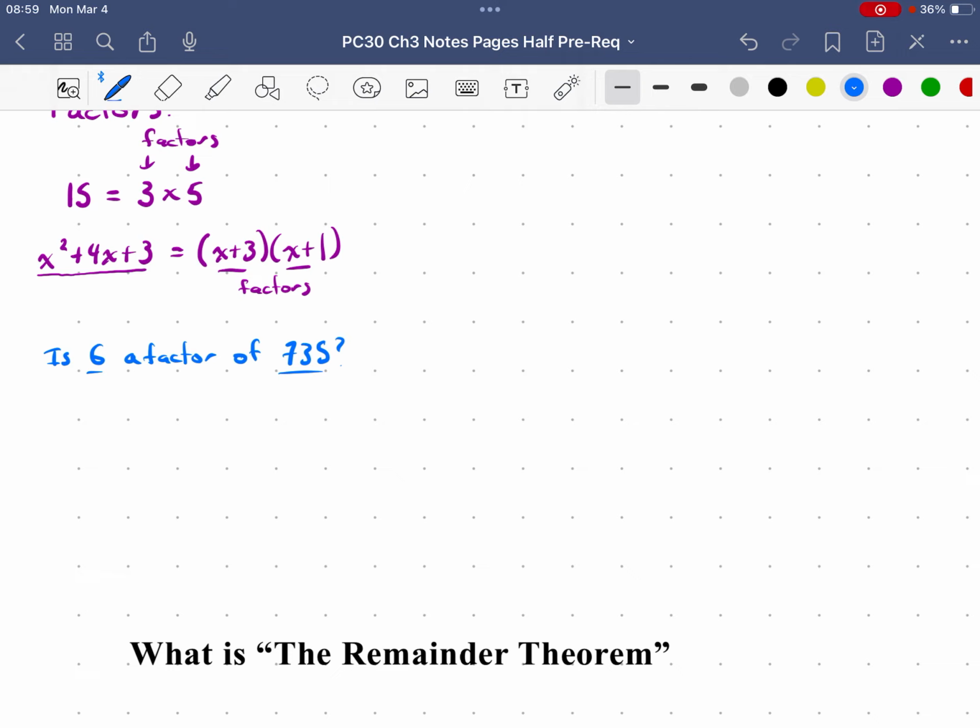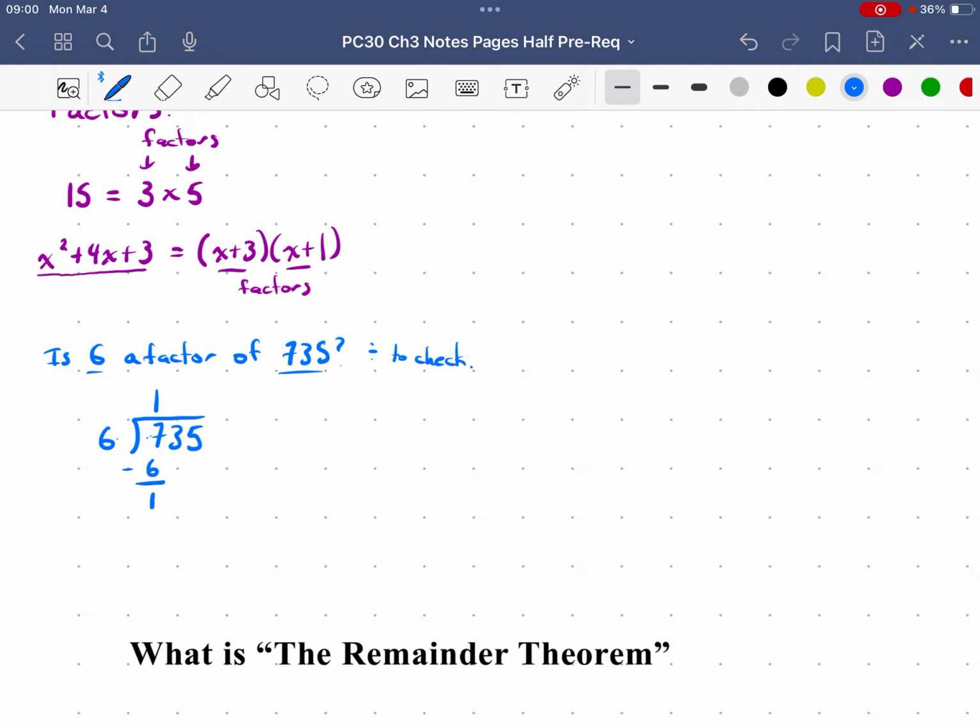So we can check this by dividing. Let's divide to check. All right, so we take 735, and we put it in the division algorithm. We put a 6 in front, and we start. How many times does 6 go into 7? 1 time. 1 times 6 is 6.